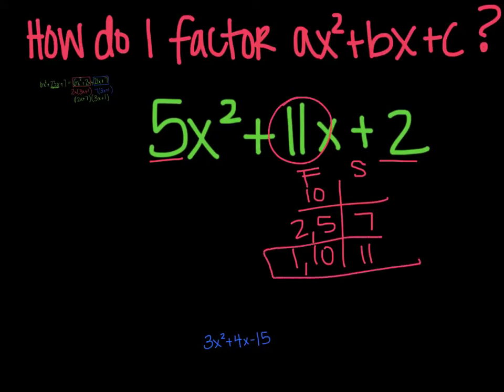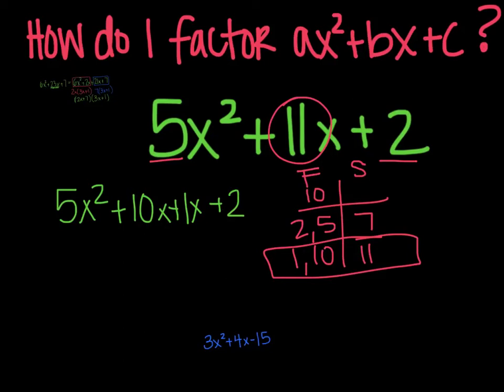So here are the numbers that we're using. So we're going to break this apart. So now we have 5x squared plus 10x plus 1x plus 2. Now, it kind of does matter which way you rewrite it. So you're going to have to work and see which way is going to work.